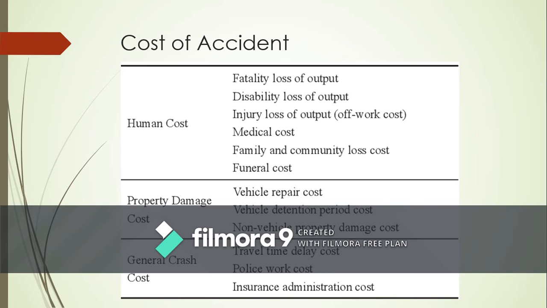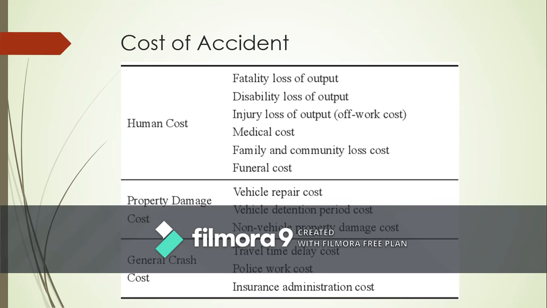So what is human cost? Fatality, loss of output, fatal loss. I mean, maybe there is loss of lives. Disability is a kind of injury which disables a person. Then injury loss. If the worker becomes injured and therefore cannot work for a few days, that is called injury loss.